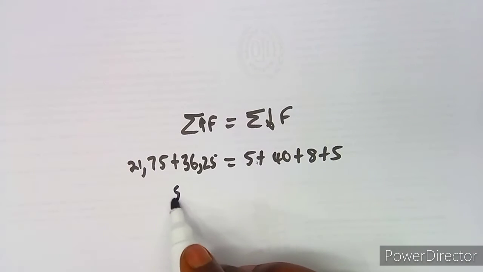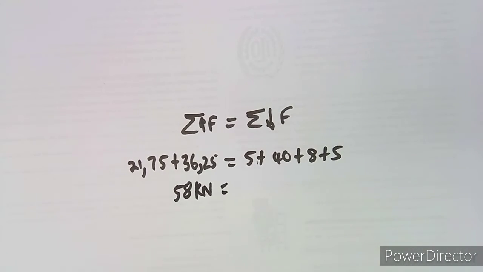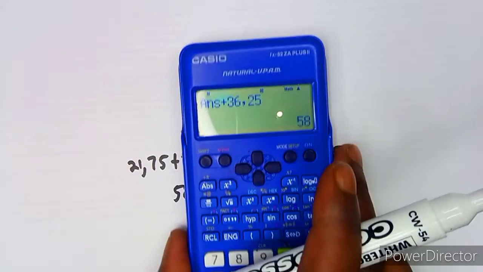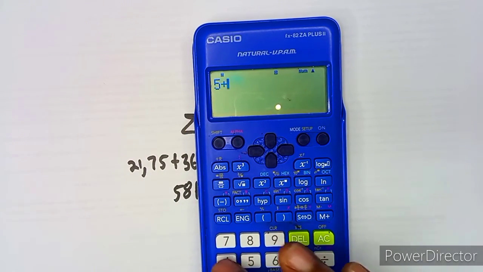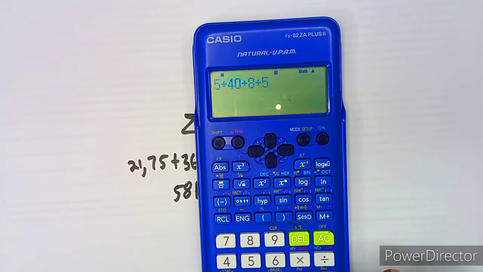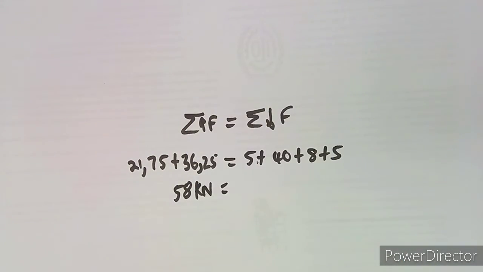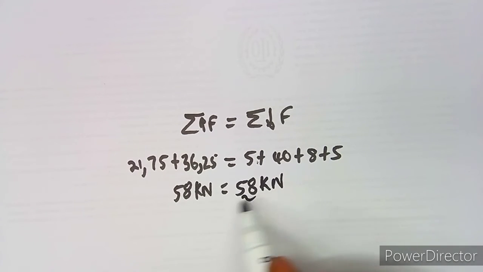So here I'm obtaining 58 kilonewtons. Then we have 5 plus 40 plus 8 plus 5. That's 58, which means we're obtaining the same thing here, 58 kilonewtons. So this is actually true, or it's fine. You can just say it's fine.